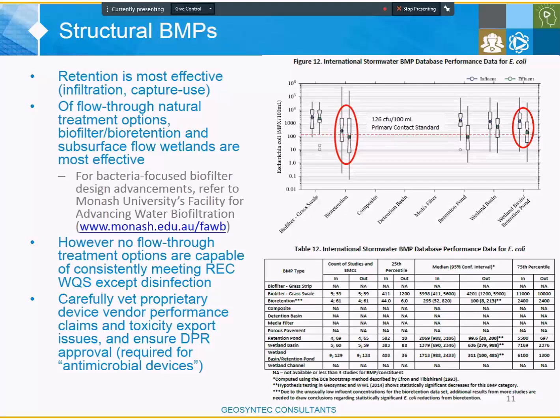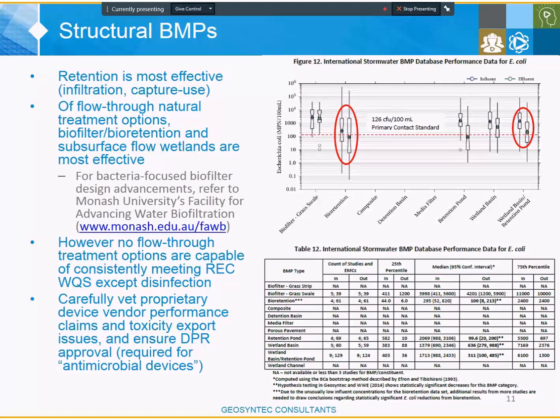I'd also note, because we get a lot of questions about proprietary devices, that it's key that you vet the proprietary device vendor performance claims. I've seen performance claims exaggerated because the test conditions are in a laboratory using synthetic stormwater, not real stormwater. And so there are a lot of real-world conditions that are missed in that work. I've also seen toxicity export concerns.